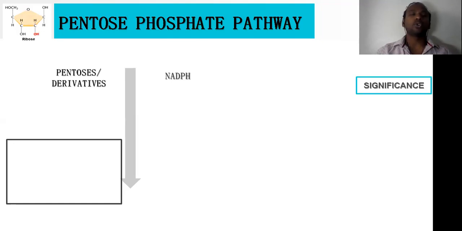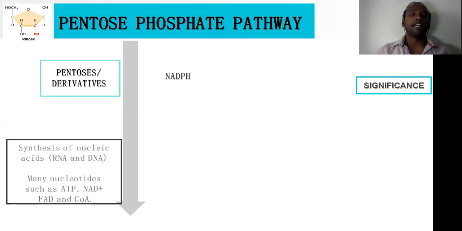Derivatives of pentoses are involved in the synthesis of nucleic acids, that is RNA and DNA, which need ribose, that is ribose 5-phosphate. Clear?